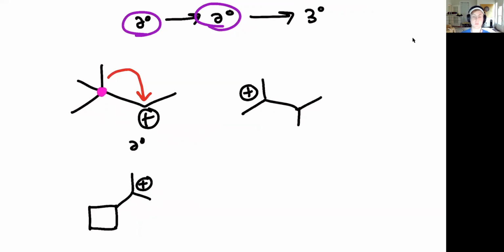In this case, it really doesn't matter since it's symmetrical, but we are taking the electron density from the pink and moving it to the green right here. The green initially needed electrons, and the pink said, I'll be nice and give you this methyl group. So now the pink doesn't have the methyl group, it is lacking electrons, and that will be the carbon that bears the positive charge.